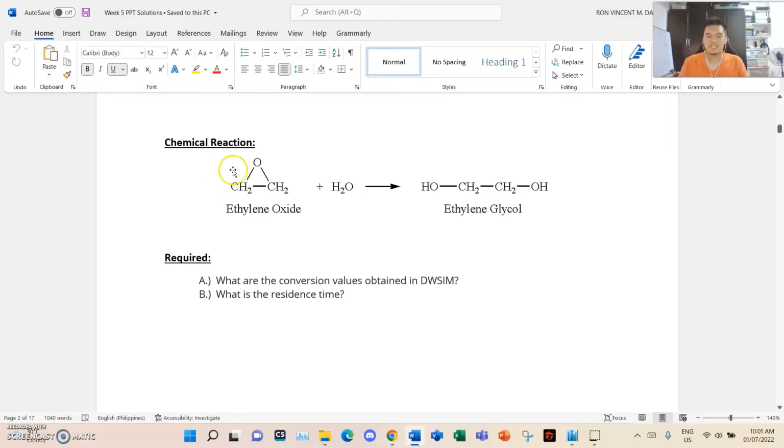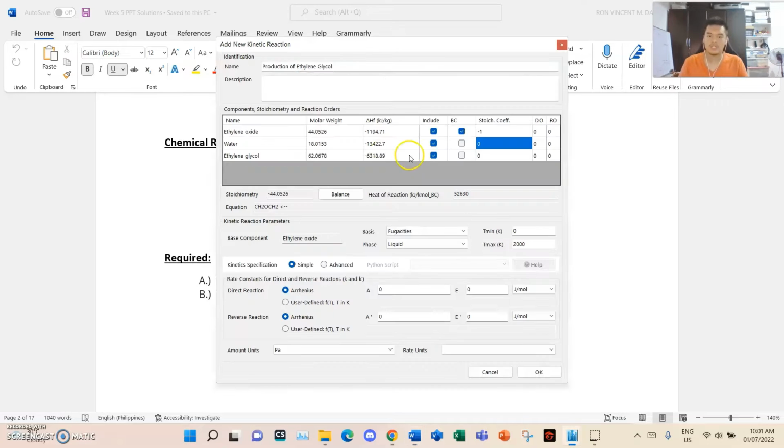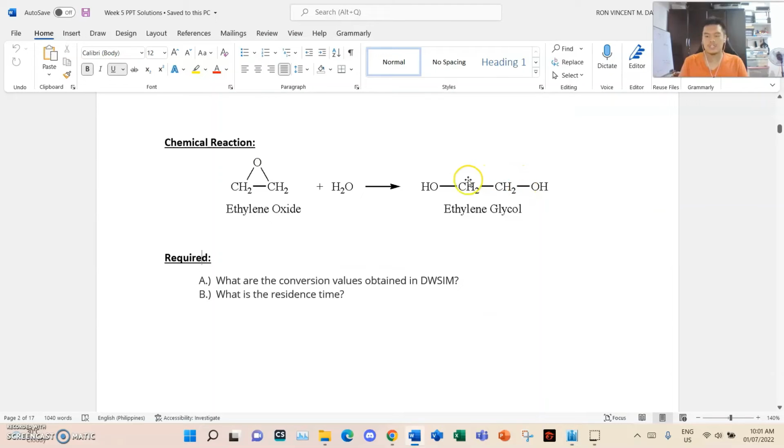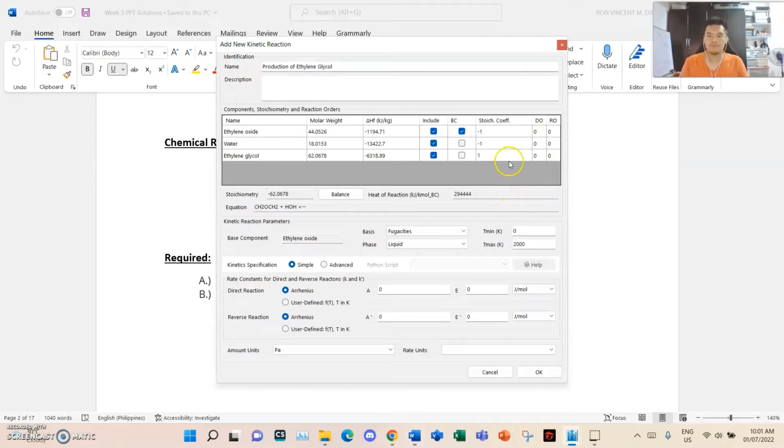But if there is a number such as 2, 3, 4, 5, and so on, we would treat it as such. But for now, since it's a reactant and there's no coefficient, we'll put it as -1. Same thing for water, we'll put it here as -1. And for the glycol, since it is a product and has no visible coefficient, we'll put it as positive 1.